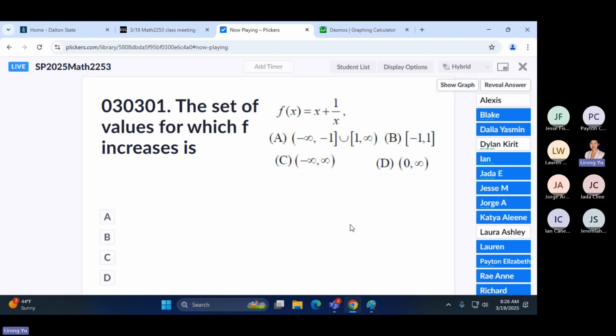How were you able to figure out that 0 was undefined? Oh, you see the 1 over x. When x equals 0, 1 over x will be undefined. So the original interval comes from the definition of the function. The definition of the original function causes us to identify that x equals 0 will be undefined for the original function.